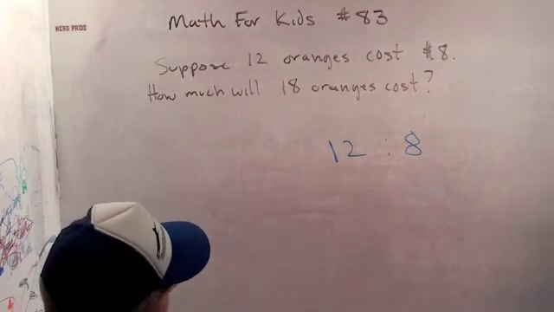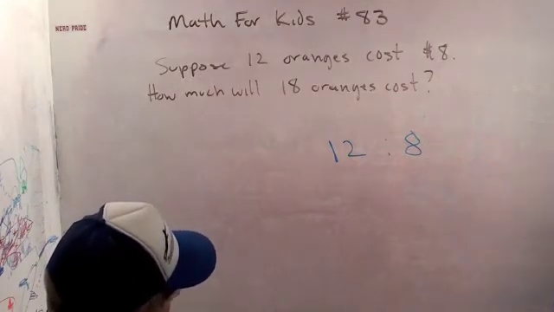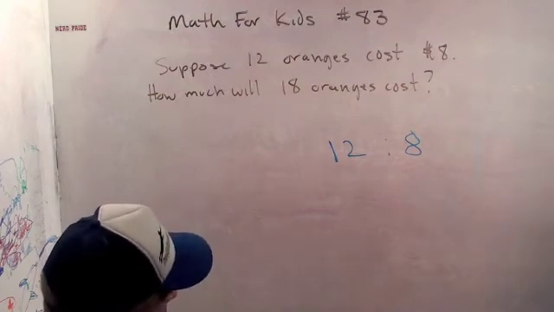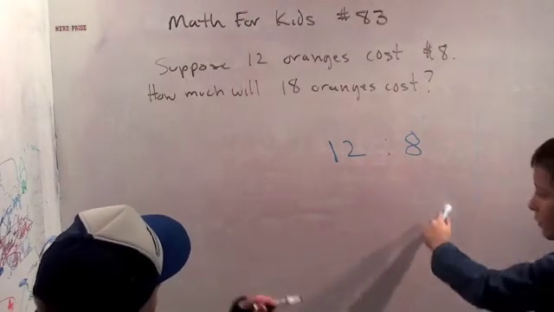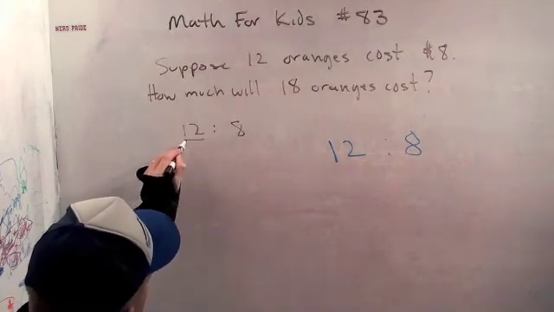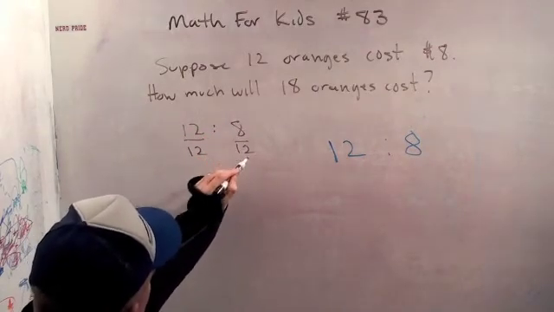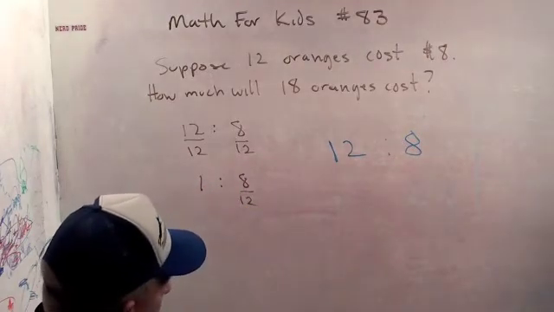Okay, and what do you want to find? How much does 18 oranges cost? Let's find out what 1 orange costs. Okay, interesting idea. Divide by 12. So the ratio 12 oranges for $8, if you divide everything by 12, you get 1 orange is 8/12 of a dollar.